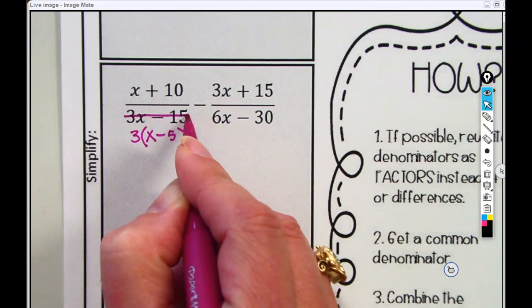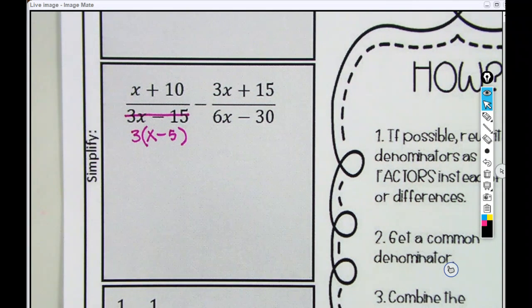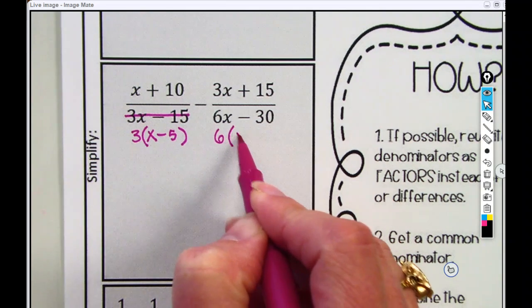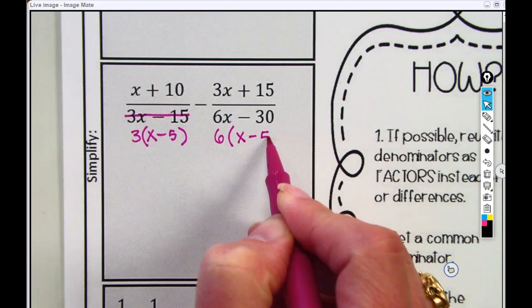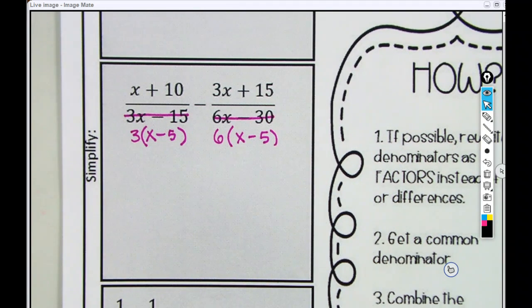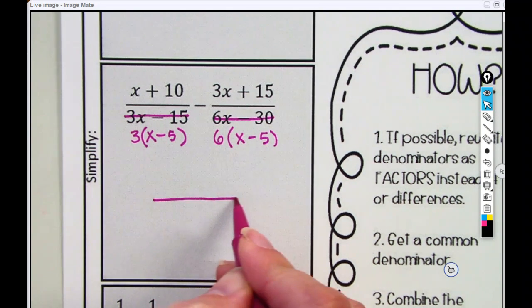I draw a line through that because I don't even want to think about it anymore. I want to look at it in its factored form. Greatest common factor on the right: 6, x minus 5. Now that we have those in factored form, I'm going to look at it, and I'm going to determine my common denominator.